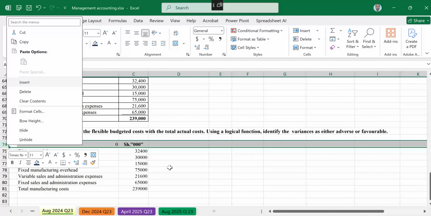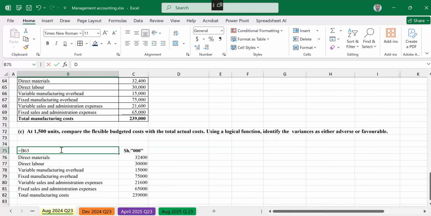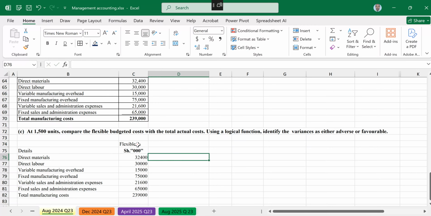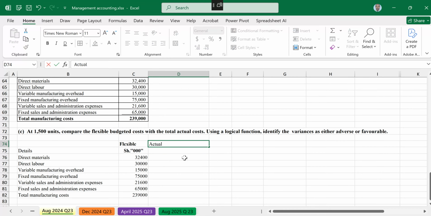You can call these details flexible. Then this is actual.